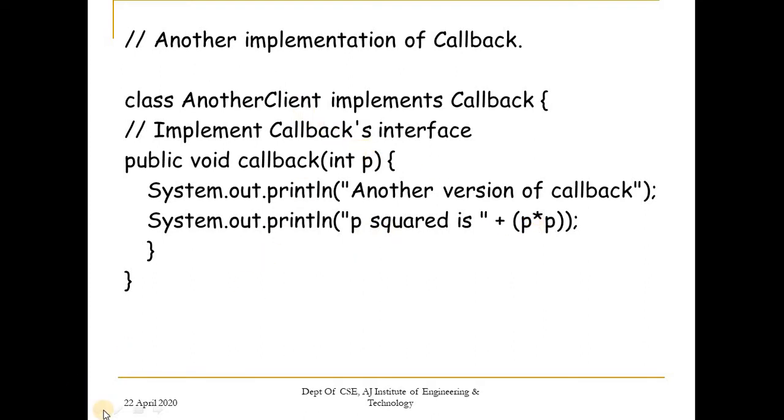So whatever parameter p is passed here, it will display its square. Suppose 2 is passed here, then it will display p squared is 2 into 2, which is 4. So this is one more implementation of the callback method provided by the AnotherClient class, which is going to implement the Callback interface.